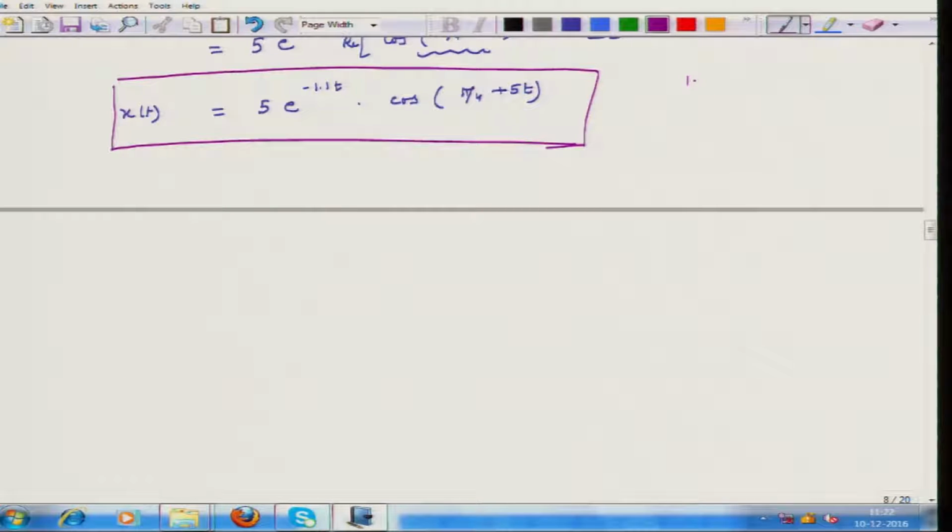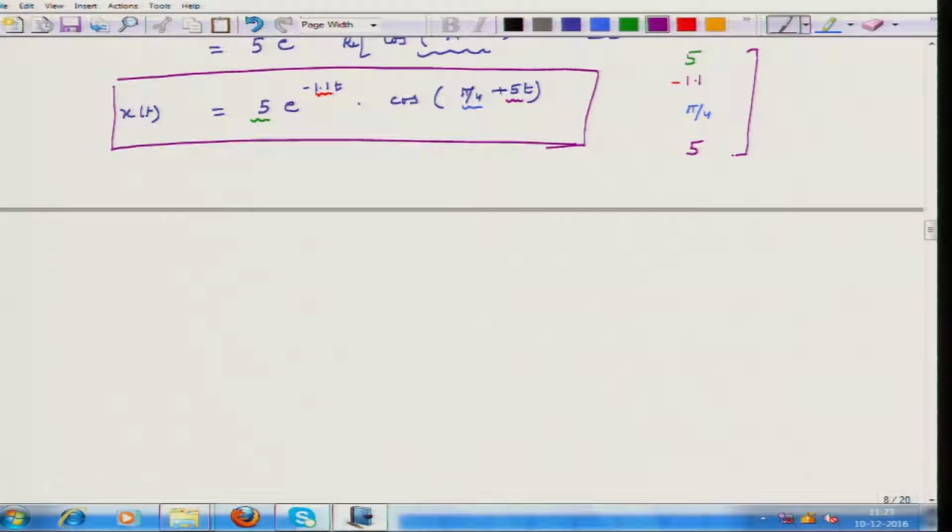We have 1.1, or minus 1.1, then I have 5, then I have pi over 4, and finally there is another 5, this one in the cosine.